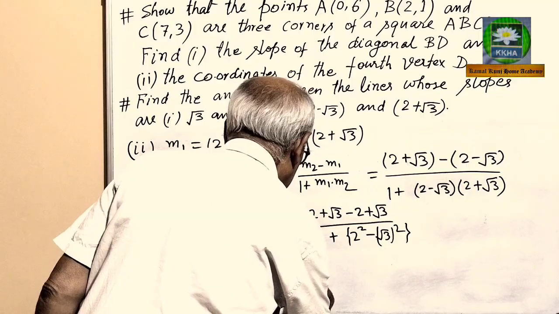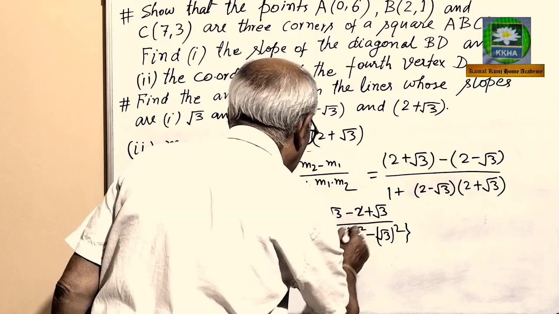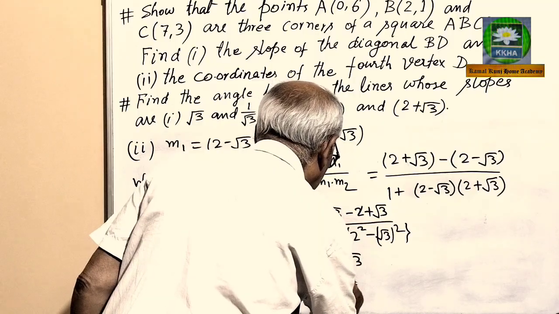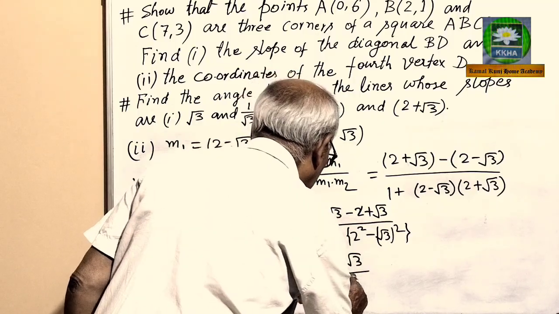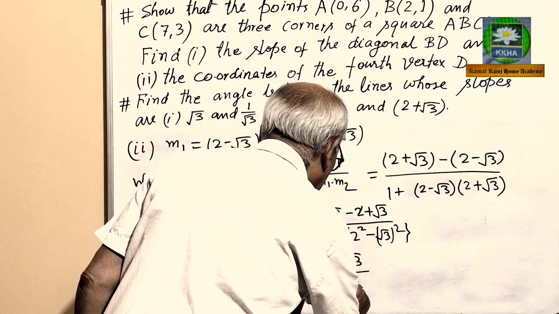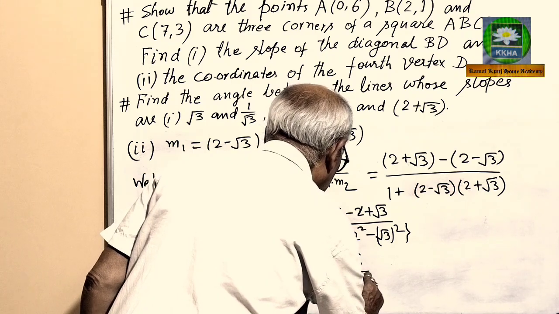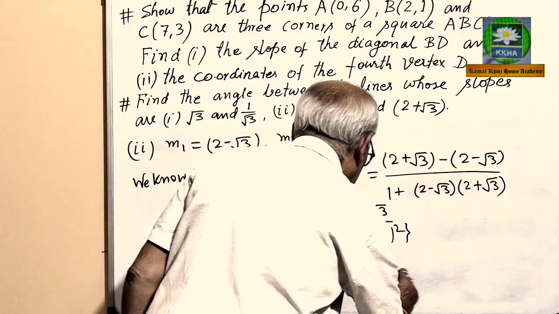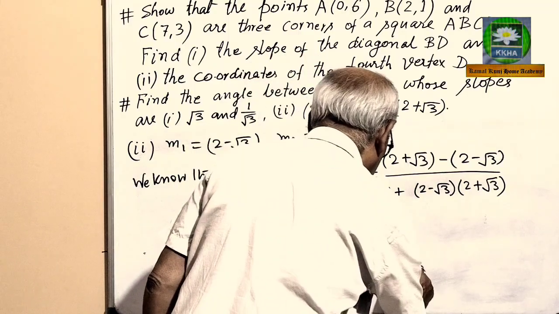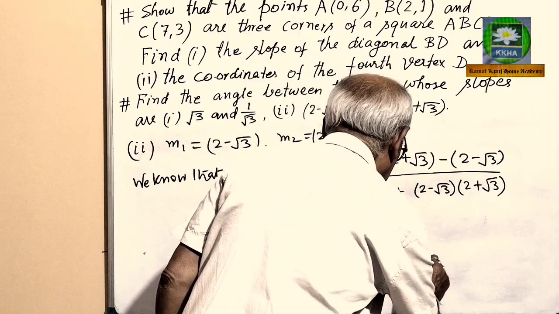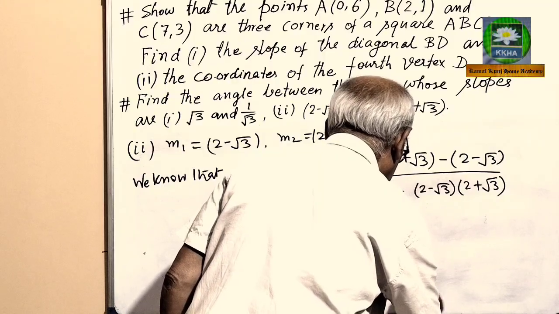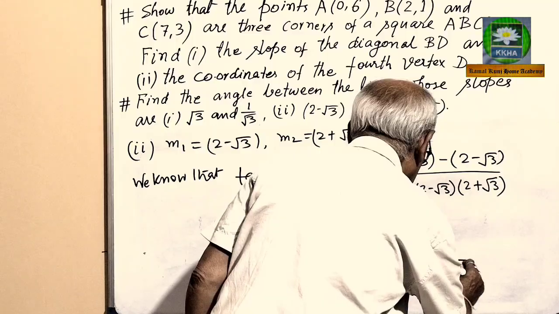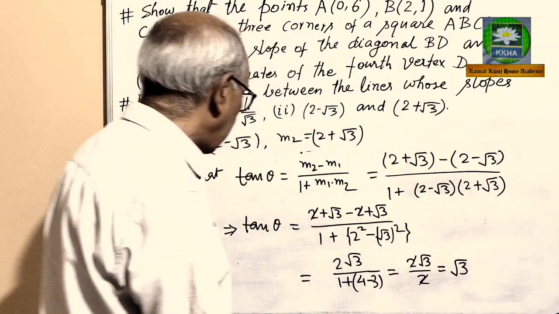This is equal to 2 root 3 upon 1 plus 4 minus 3, so equal to 2 root 3 upon 2, equal to root 3.